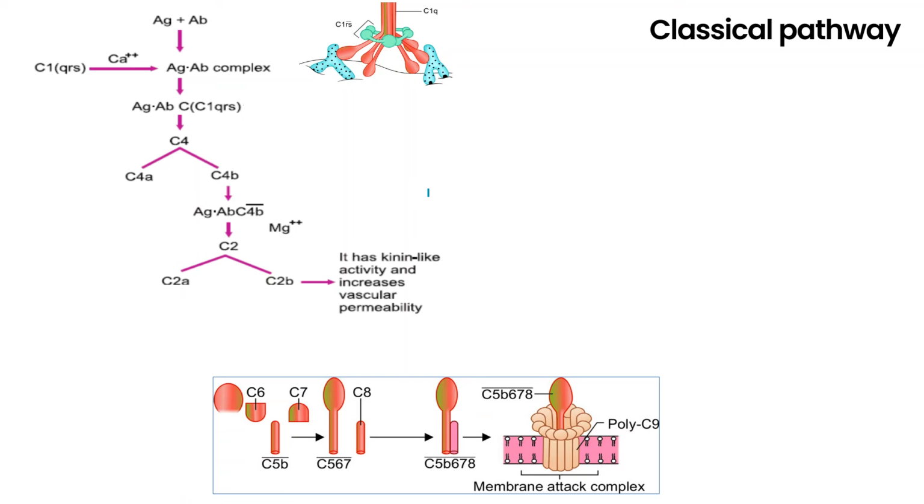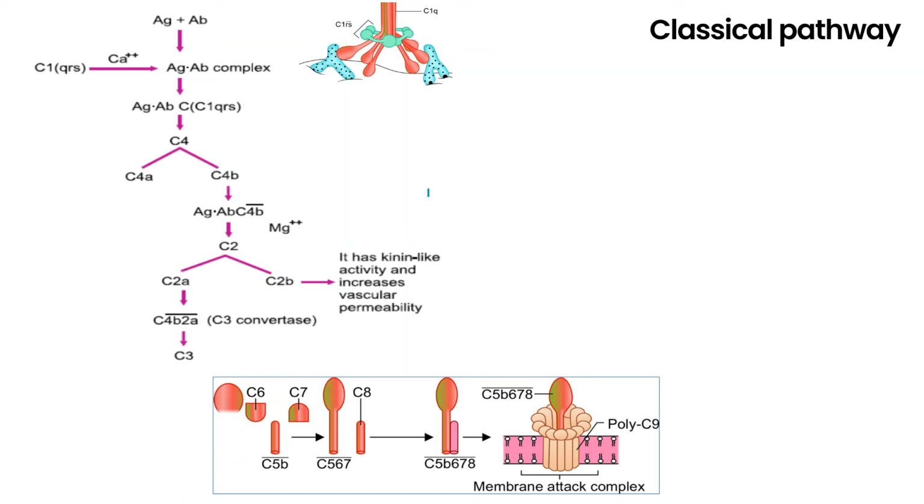That's how this pathway goes. This C4b, which has attached to the cascade, will act as C2 convertase, and it will split C2 into C2a and C2b. C2b is a smaller molecule here. It has a bradykinin like action and increases vascular permeability. C2a is a larger fragment, and it will join the cascade.